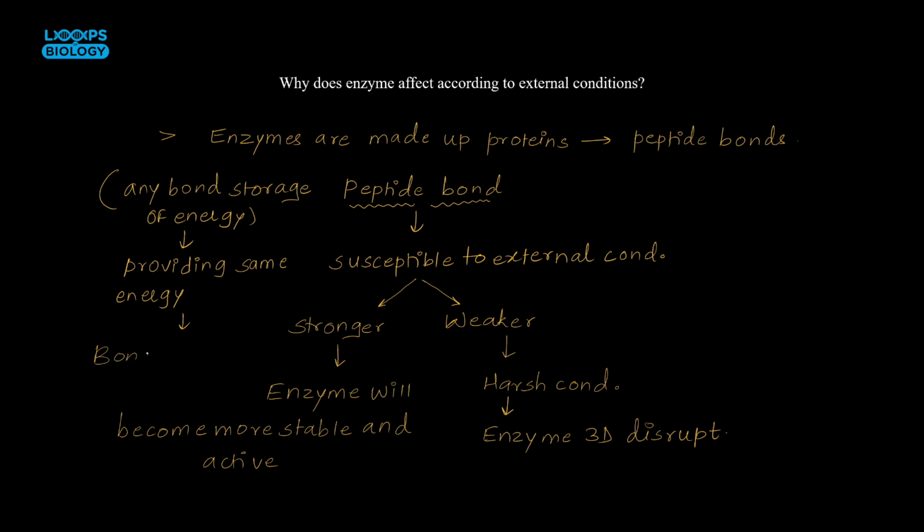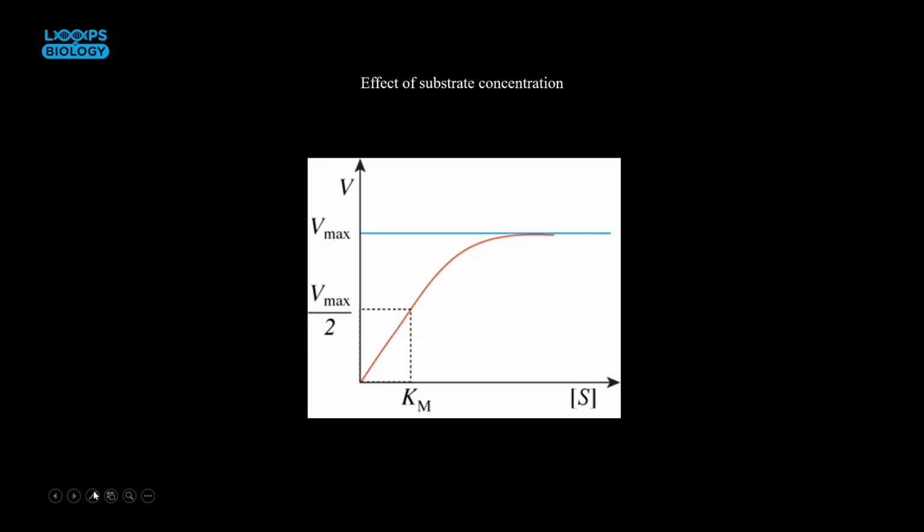So the bond breaks down, and that is how your peptide bond becomes susceptible to the external condition. Got my point, guys? That's why the enzyme is going to get affected based on the external conditions it is present in.